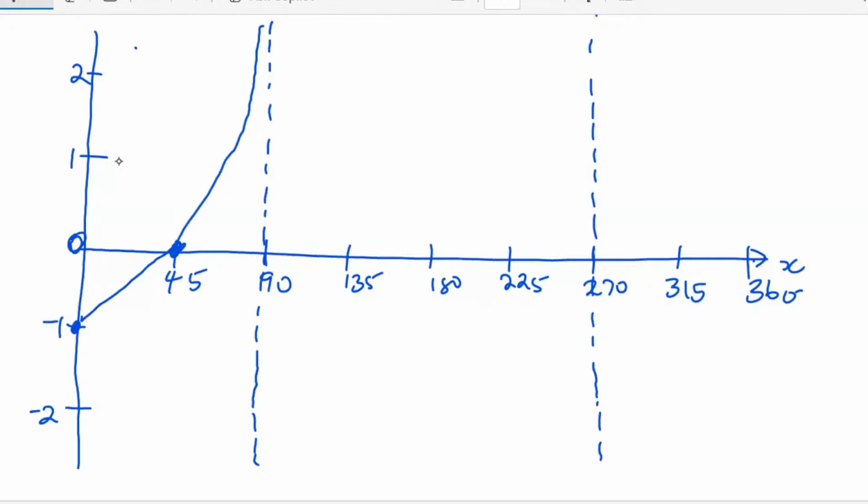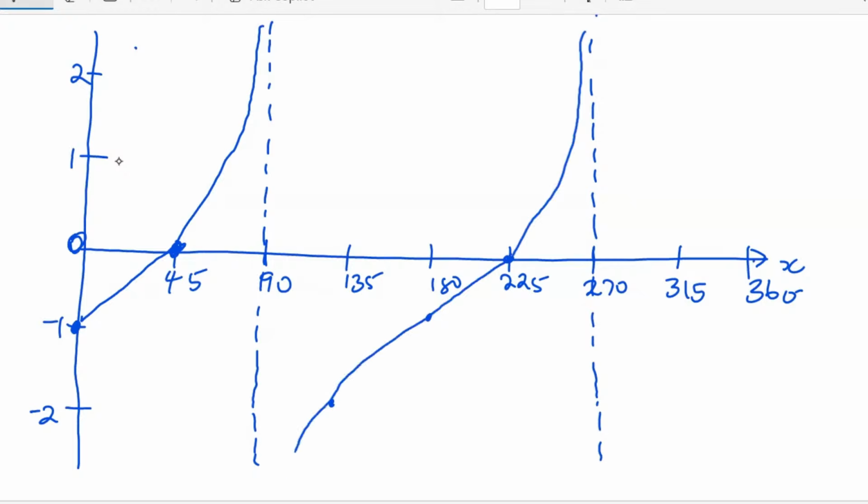Okay. And then when x is 135, we are getting somewhere around 32. When x is 180, I'm ending up with just a -1, subtracting 225 is a 0, and then it should move towards the 270.